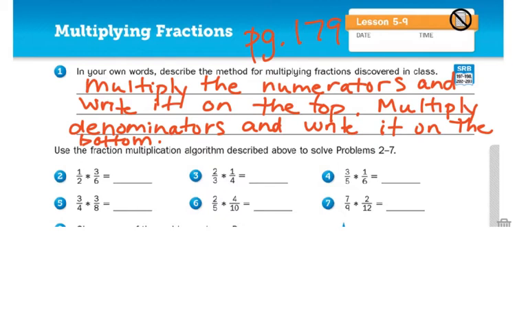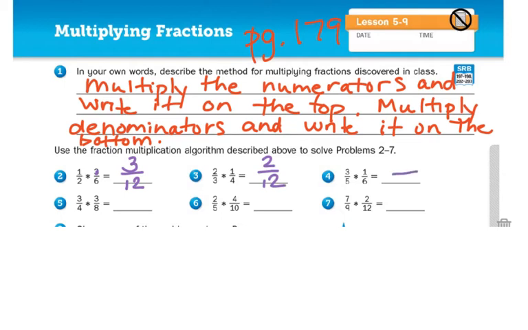Again, if you need more time, just remember, pause the video. So let's multiply straight across. 1 times 3 is 3, and 2 times 6 is 12. Going across, number 3, multiply the numerators. 2 times 1 is 2, and 3 times 4 is 12.